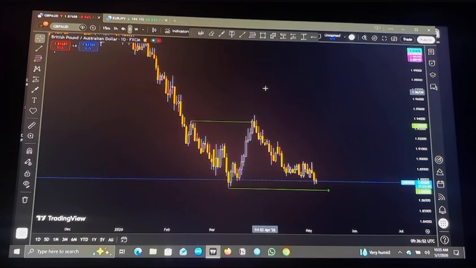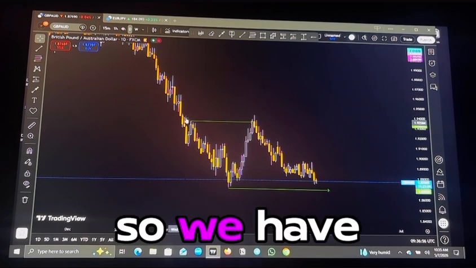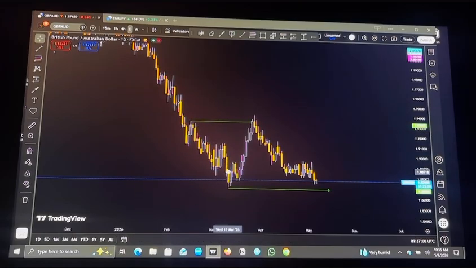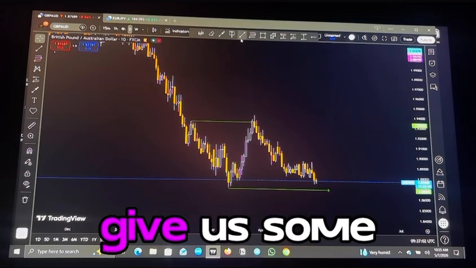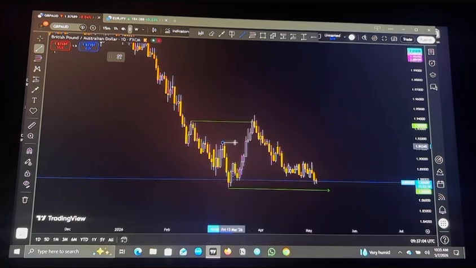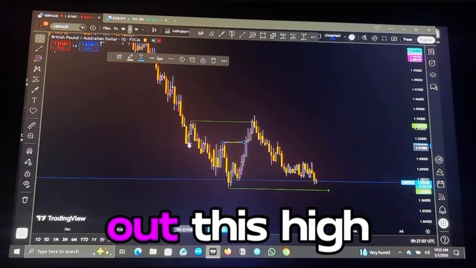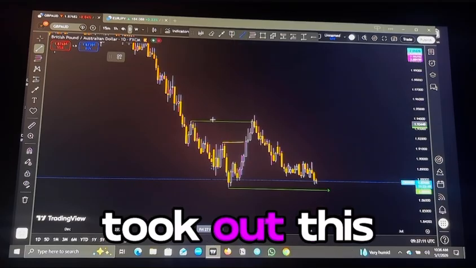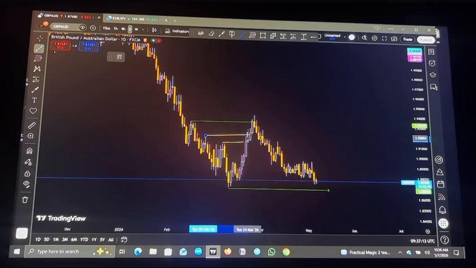Okay, so we have our volume from here. The market gave us some inflation. See how this high doesn't take out this high, and then see how this high took out this high.